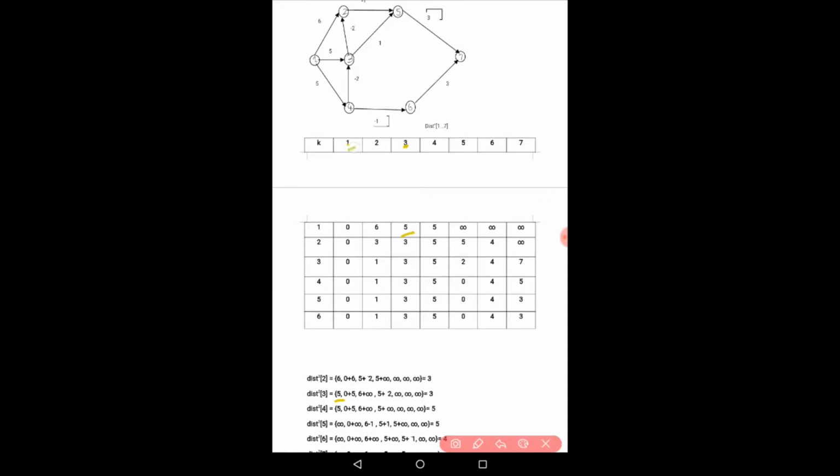Next I have to write from 1. What is the previous value of 1? Previous value means I have to see the previous row. So that value is 0. So I have written 0 over here, plus from 1 to 3, what is the distance? That I have to write. From the figure I can see that from 1 to 3 the distance is 5. So that 5 I will write here, 0 plus 5.